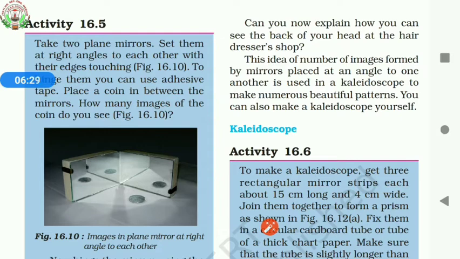This idea of number of images formed by mirrors placed at an angle to one another is used in a kaleidoscope to make numerous beautiful patterns. Now, I will explain how to make a kaleidoscope.